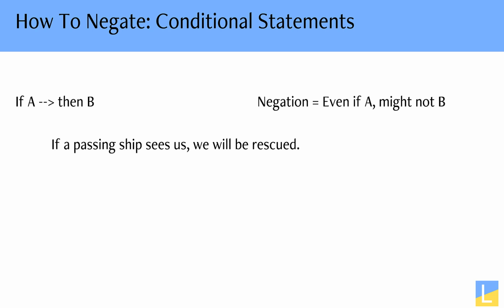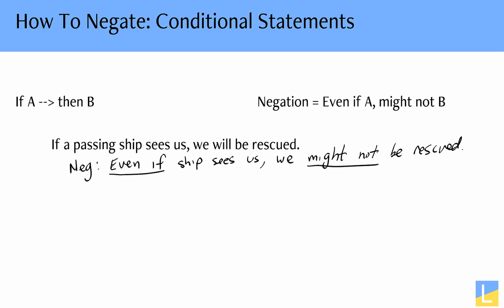What does it mean to say that it is not true that if a passing ship sees us, we will be rescued? Well, that means that even if A, not B, or in other words, even if a passing ship sees us, we might not be rescued. Maybe they see us and they just don't want to rescue us and want us to starve. We have no idea. But the negation of this is they might see us and we still won't be rescued.